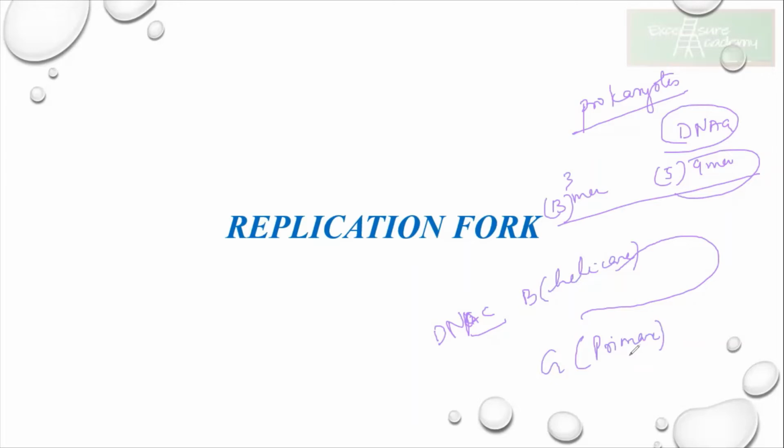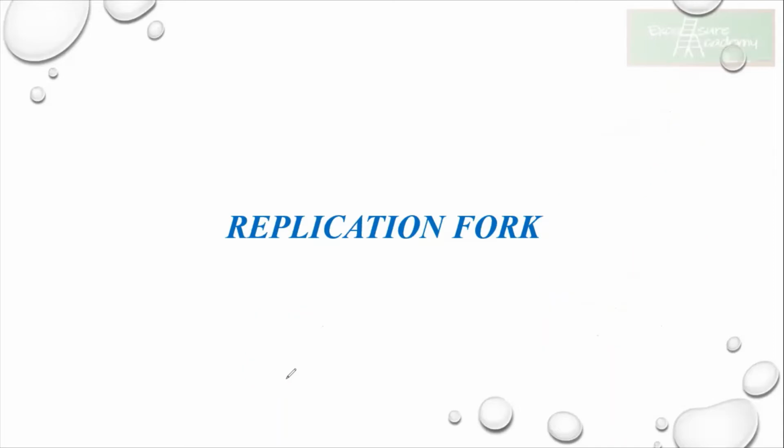Then DNA gyrase is there: as the DNA is unwound, tension keeps coming up because it's circular DNA, and that stress is relieved by DNA gyrase. And then Dam methylase methylates the daughter strand.